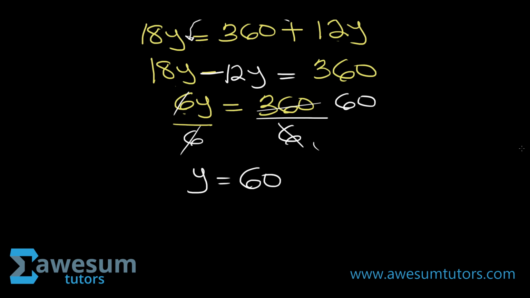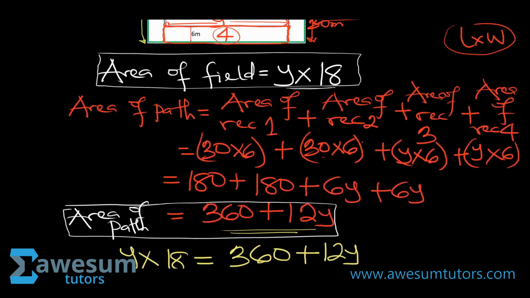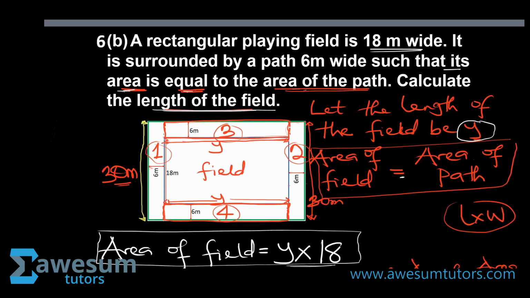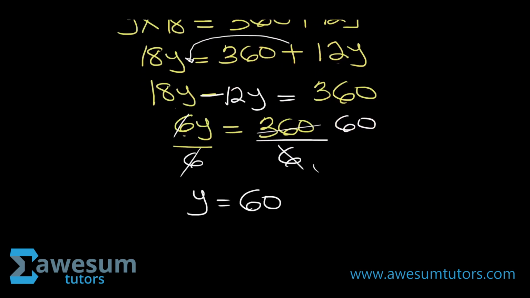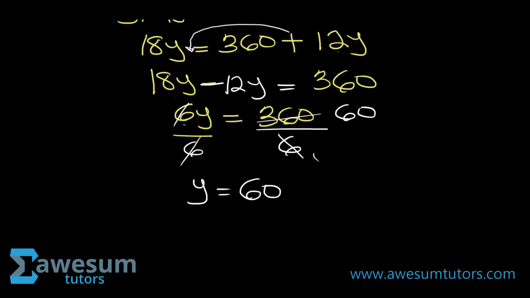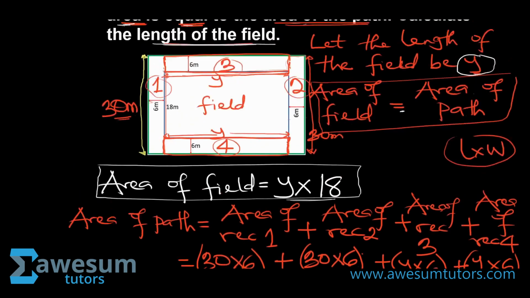Very good, guys. Then what is going to be the unit? Go back to the question. The question gives us the unit in meters. 18 meters, 6 meters. So it gives us the answers in meters. So that means I will come down here and say my y equals 60 meters. Very good. Again, what is that y?